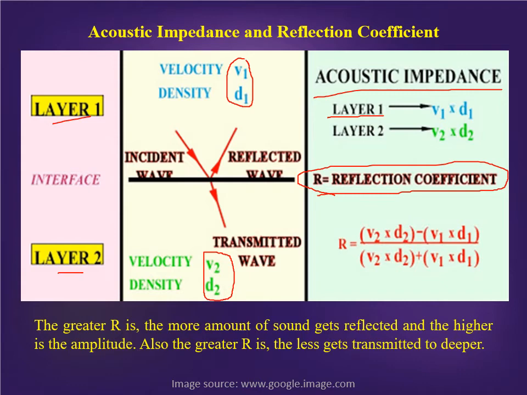So when the reflection coefficient is high, more reflection will occur from the interface and more reflected wave is captured in the surface geophones or surface receptors. So we get more and more information about this particular interface, that is the interface between layer 1 and layer 2.